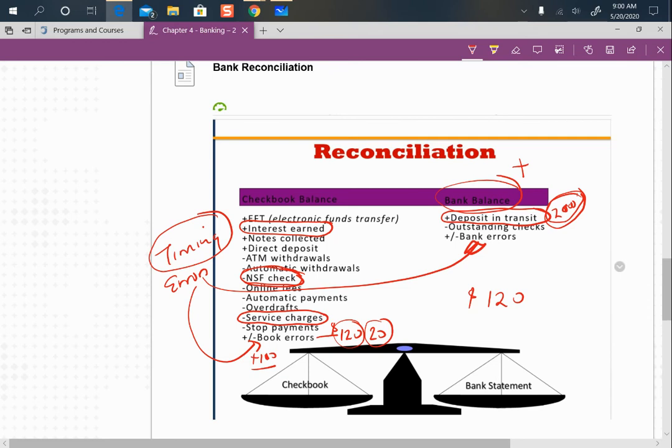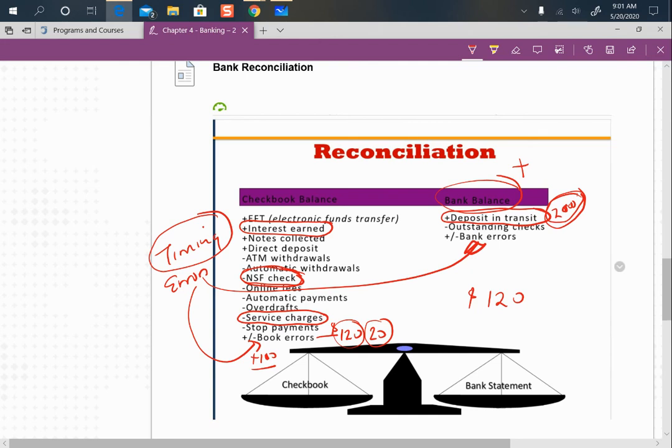Then there could also be some outstanding checks. For outstanding checks, what you want to do is make sure those checks are also taken out. What we mean by outstanding checks is checks that you sent out, but because of the timing, the 30th, the 28th, whatever it is, the end of the month, the bank did not pay those checks out.